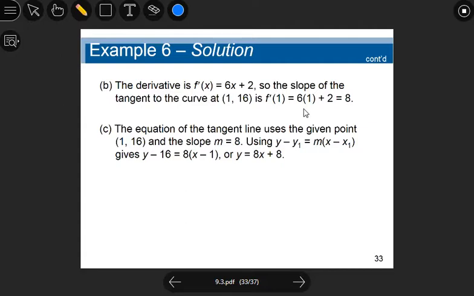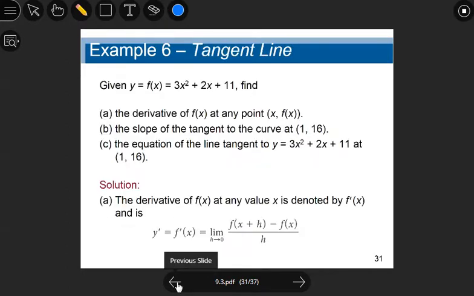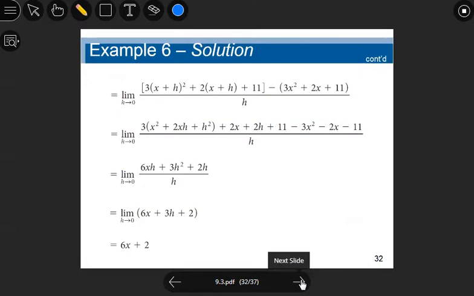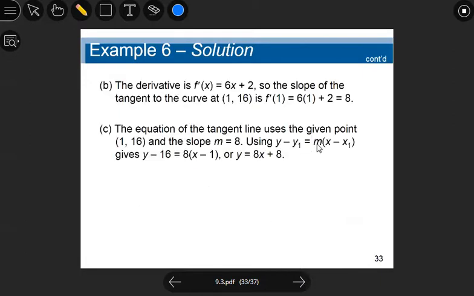After substituting 1 you obtain 8. So this is the final answer. And the last part is asking for the equation of the tangent line. You already know the slope, it is 8. This is the setup of a typical equation. You have the coordinates (1, 16), substitute into this setup, and you obtain this as your equation.